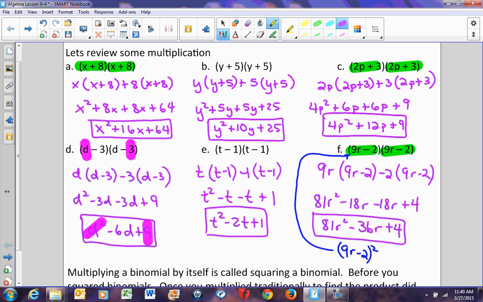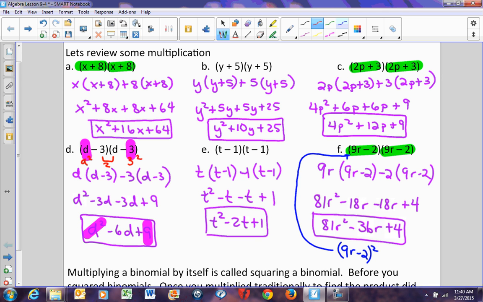And how does this middle term relate? If I multiply the 3 and the d that is right here, and multiply that by 2, I get negative 6d. So this is a square, d squared, this is a square, 3 squared, and this is the middle. This is 2 times the d and the 3.